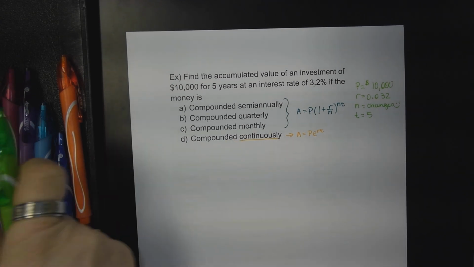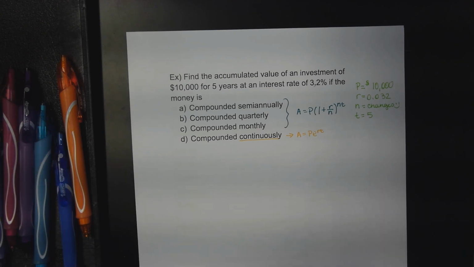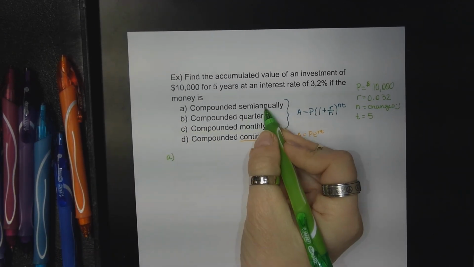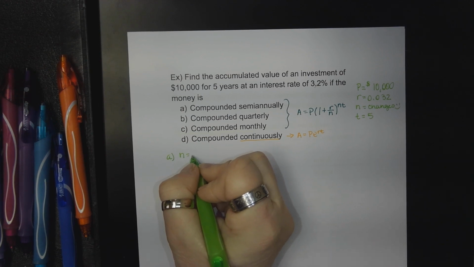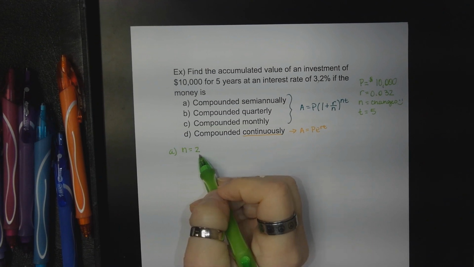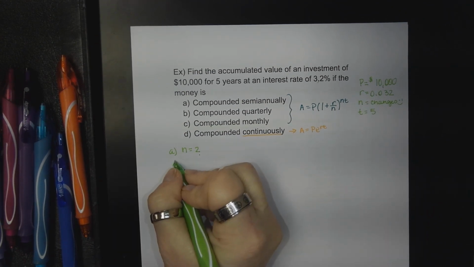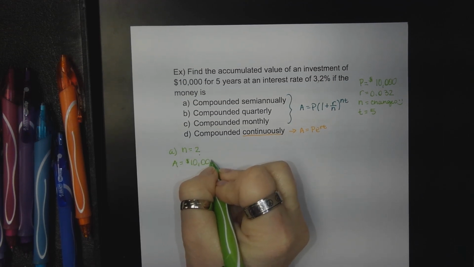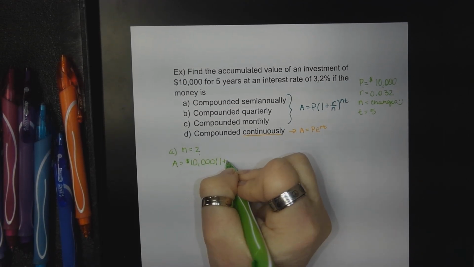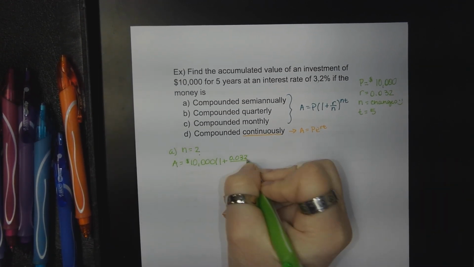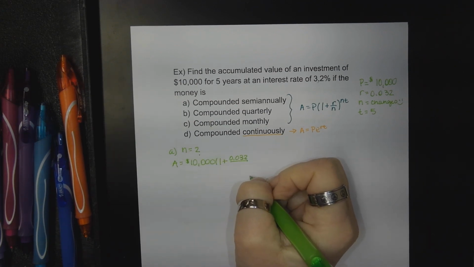So for A, let's just do A. That sounds easy. Okay, so A is compounded semi-annually, so we know that N is going to equal 2. Oh, I said E, sorry. Okay, so we have all of this, and our N is going to equal 2. So now we can just plug and chug. So this is going to be A equals 10,000 times 1 plus 0.032 over, what is our N? Well, we've already said that it's 2.